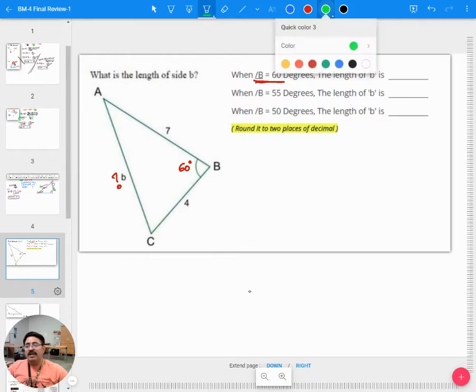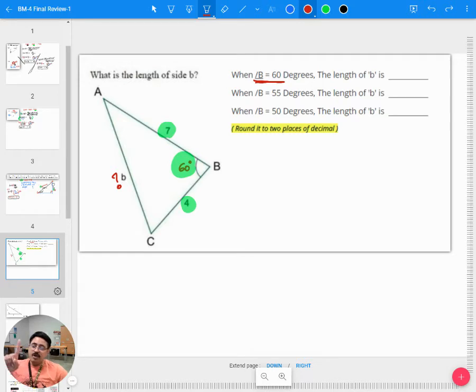Please notice that in this question, an angle is given and two sides are given, right? And you are asked to find the third side. Therefore, listen carefully here. One angle is given, and three sides are involved.